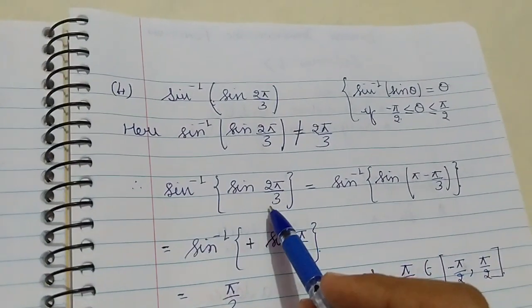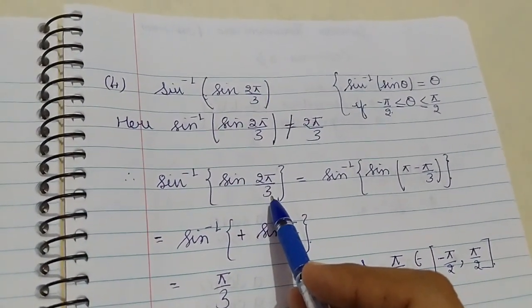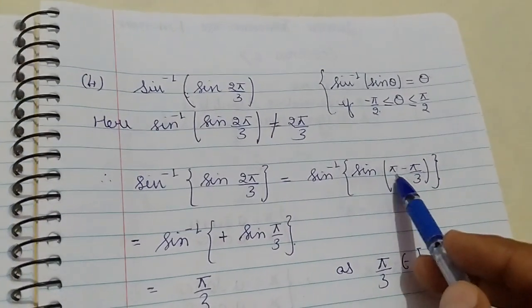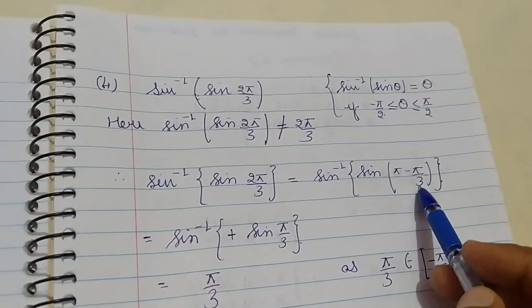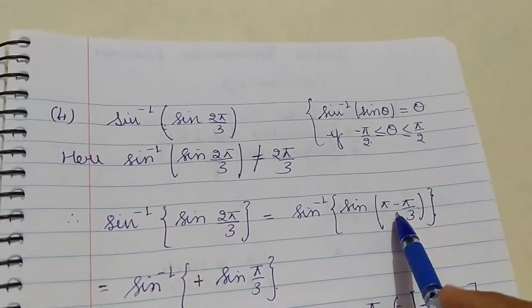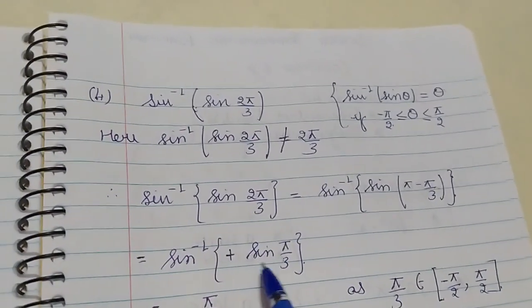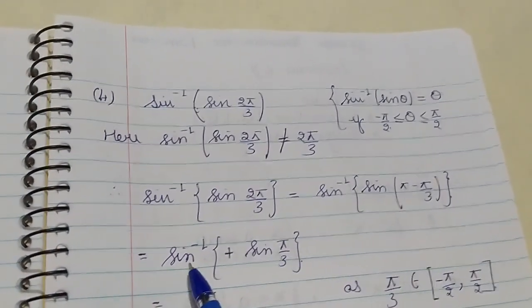So we have to break this angle, and this angle can be written in the form of pi minus pi by 3, and we know that sine of 180 minus theta is equal to sine theta, sine inverse as it is.